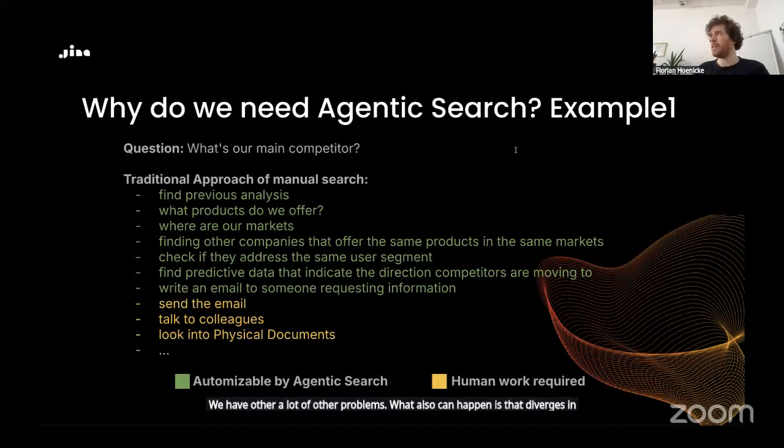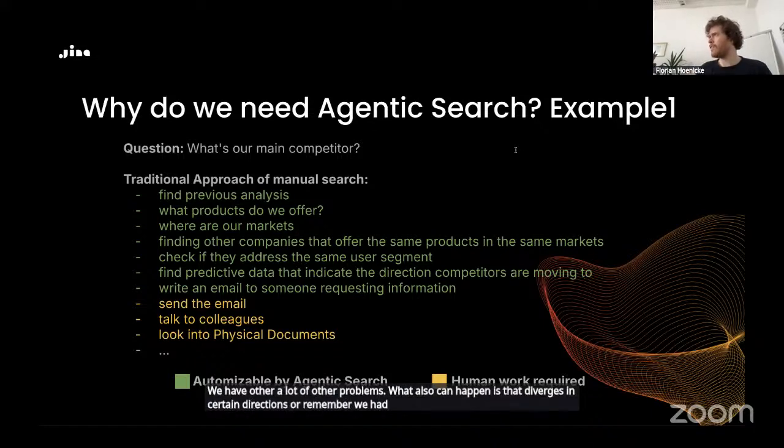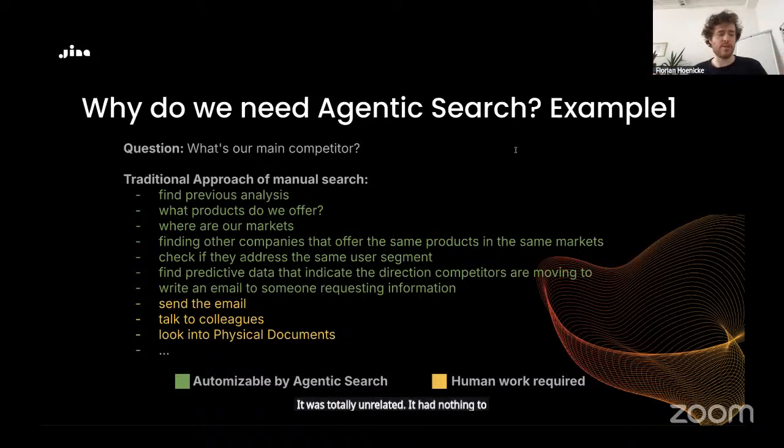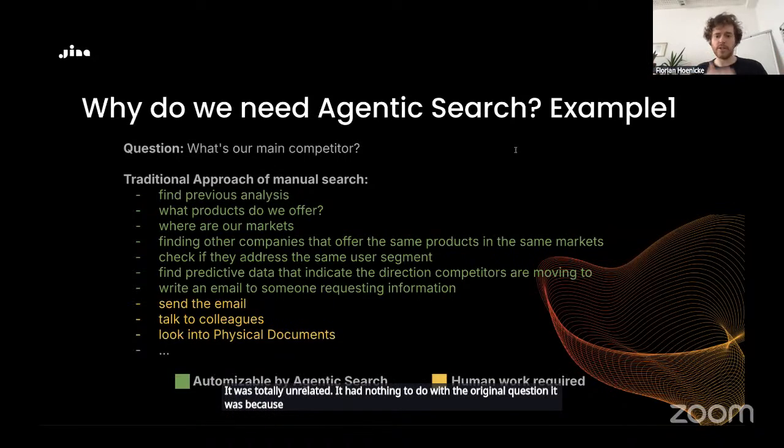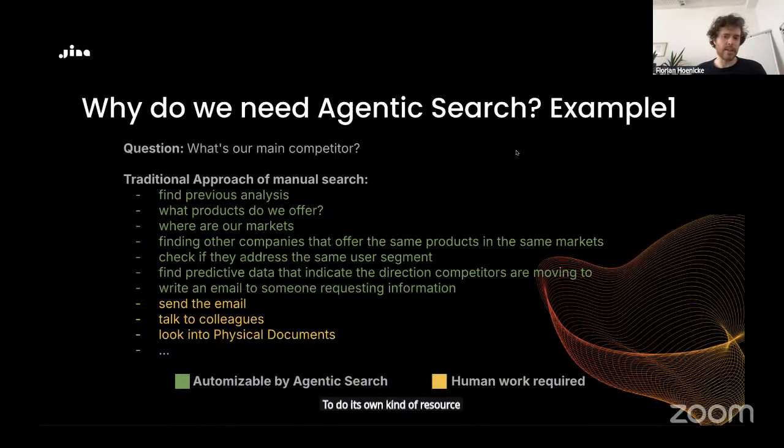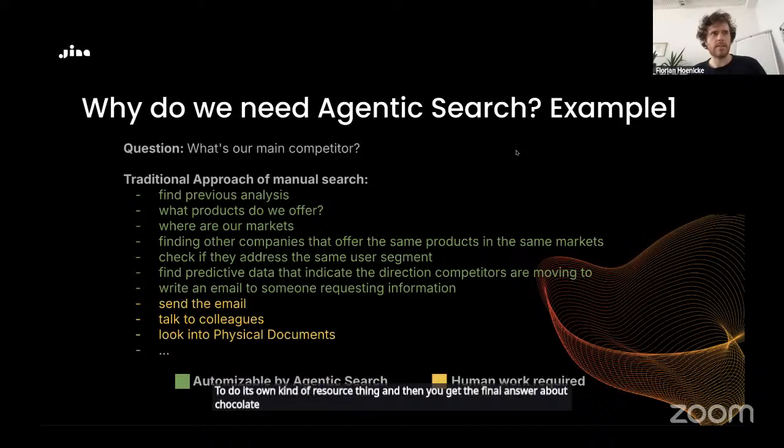I remember we had one query, giving a comparative analysis for Jina AI, and then it turned out to give a final answer about chocolate. It was totally unrelated. It had nothing to do with the original question. It was because in each of these iterations, and it had 50 iterations or even more, in each iteration it diverged a bit from the original question to do its own kind of research thing. And then you get a final answer about chocolate. So this is very challenging.